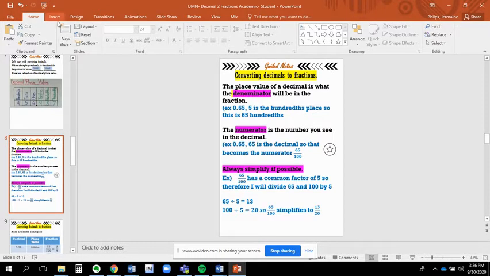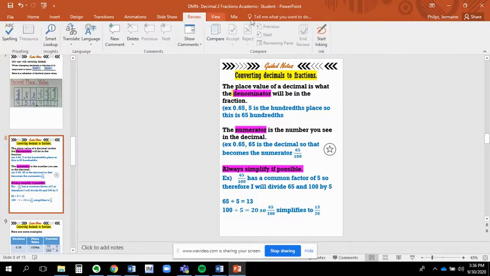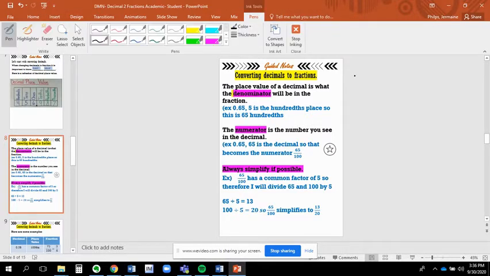So for example, and I'm going to write this to the side as well to help you guys out, we have our decimal here of 0.65, or as we're going to start saying it, we're going to try to say it by its place value. We know the place value by looking at our decimal, looking at whatever number is furthest to the right and figuring out what place value it's in.